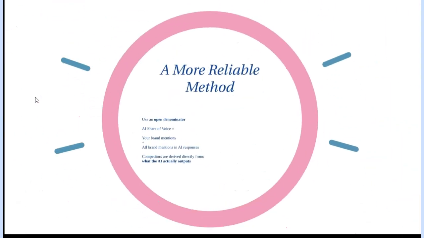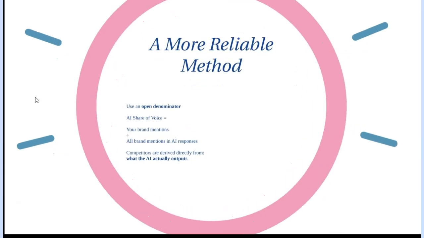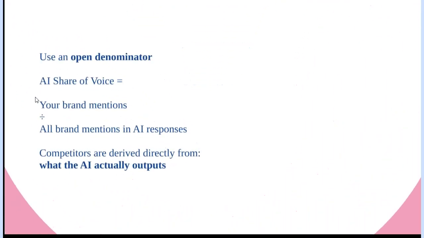A more rigorous approach. There is a more reliable way to measure AI share of voice, which is to derive the competitive landscape directly from the AI responses themselves. Instead of defining competitors in advance, the system detects every brand mentioned in the responses.